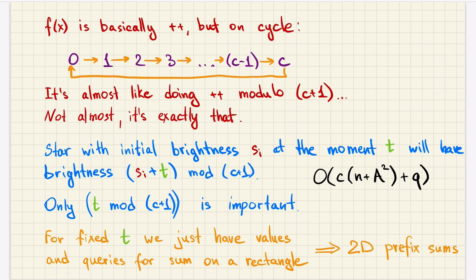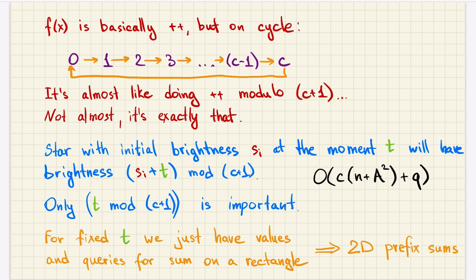So from t, we only care about its remainder modulo c plus 1. But c is very small, so the number of different values of t is just c plus 1. And we can try to prepare to solve the problem for times that are at most c. And then we will be able to answer all the queries by first taking t modulo c plus 1.